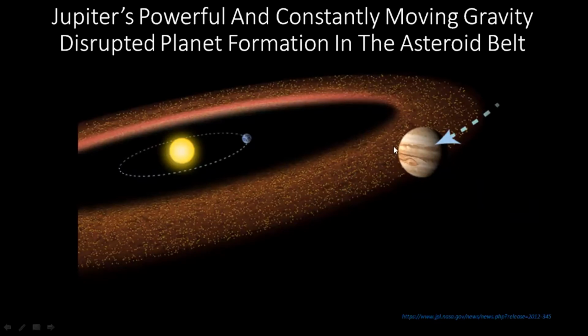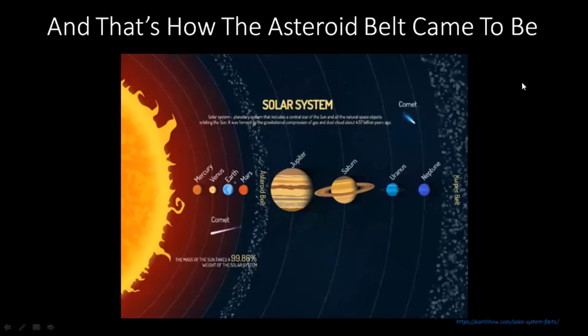And when pieces would bump into each other and try to form larger pieces in that part of the solar system, Jupiter would come along and its gravity would be strong enough to tug them back apart as it went by. And that is why no planet formed in the asteroid belt, because of the effect of Jupiter.